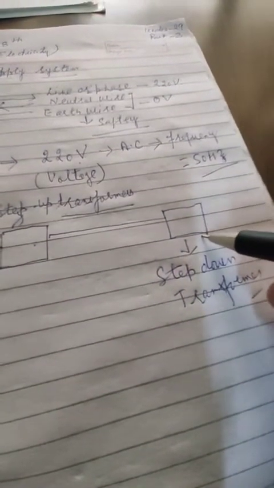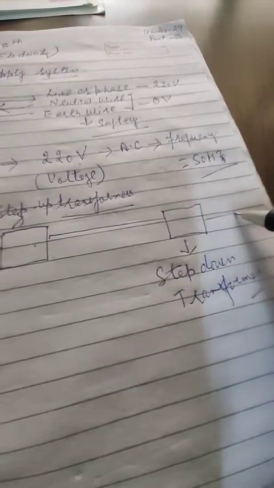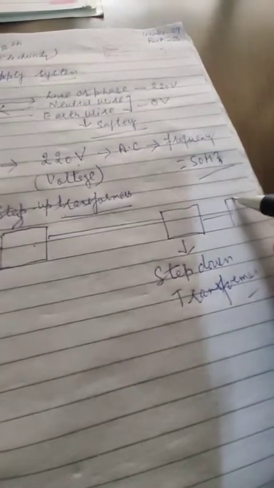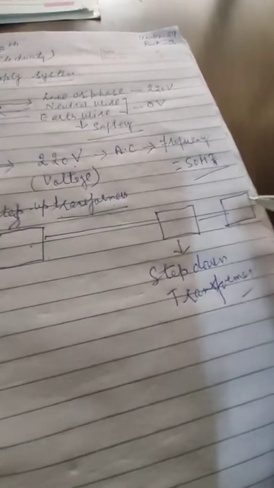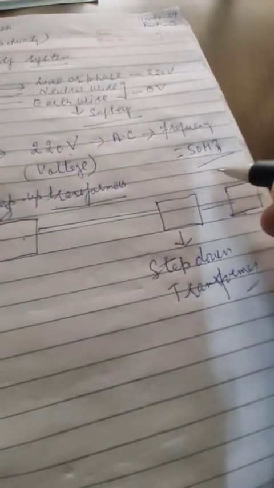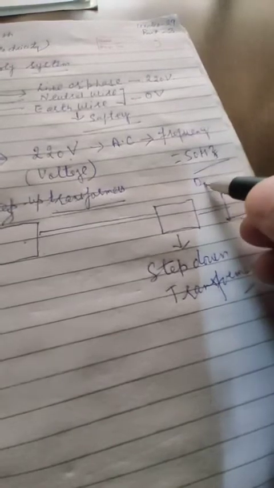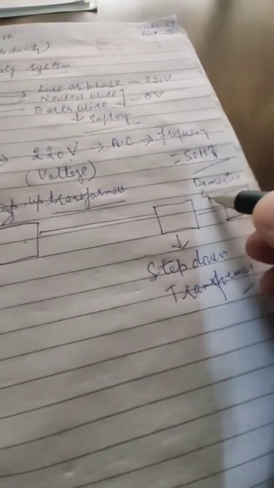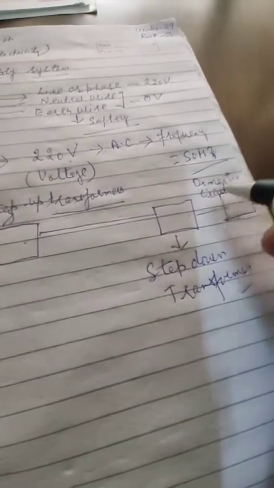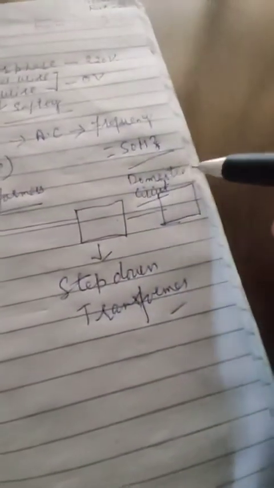The voltage is lowered, and then it is made to reach our household circuit or domestic circuit. This is the domestic circuit. Like this, the electricity reaches our houses.